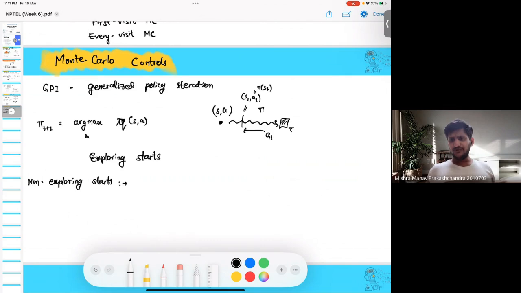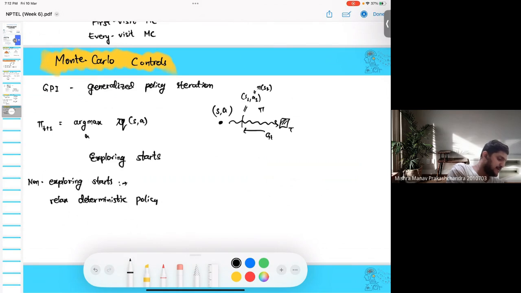So if I want to remove the exploring starts part from the MC, if I want to go for non-exploring starts, I have to relax the assumption that my policy is deterministic. Relax the deterministic policy constraint.